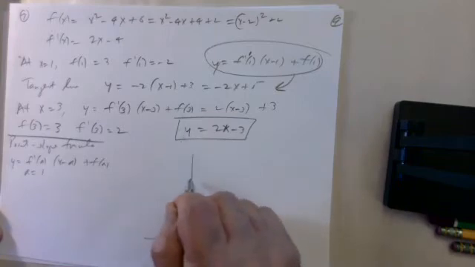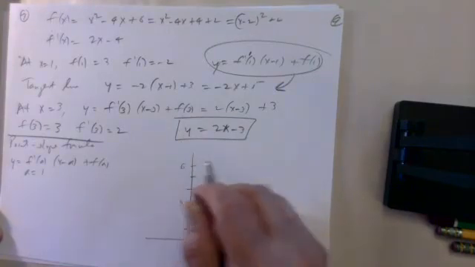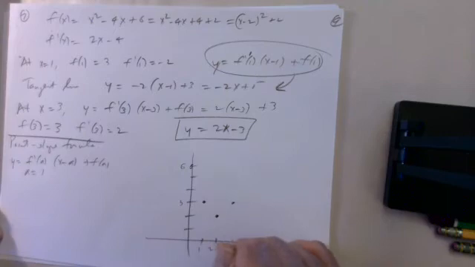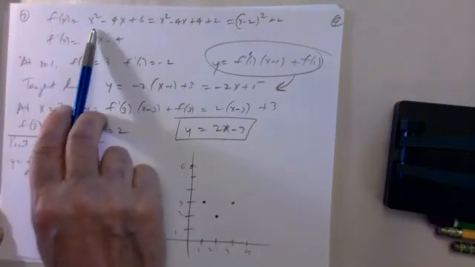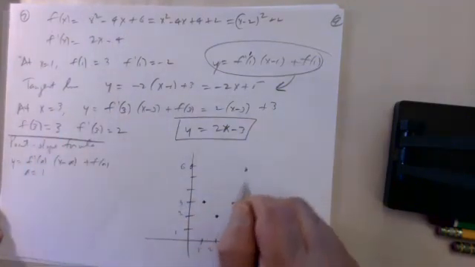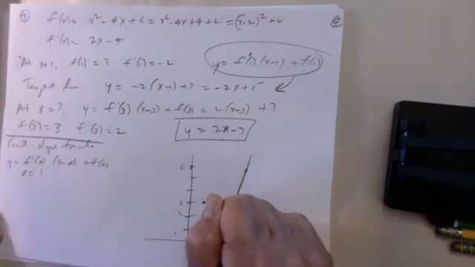When x is 0, you get 6. When x is 4, you would get 16 minus 16 plus 6, so you would also get 6. So you just get this very nice parabola.